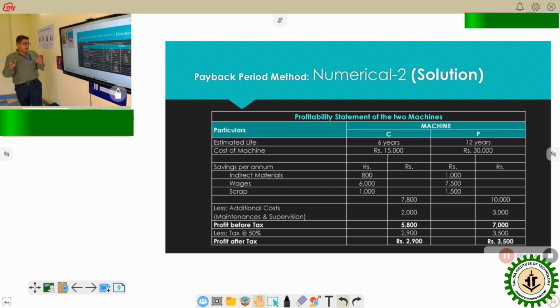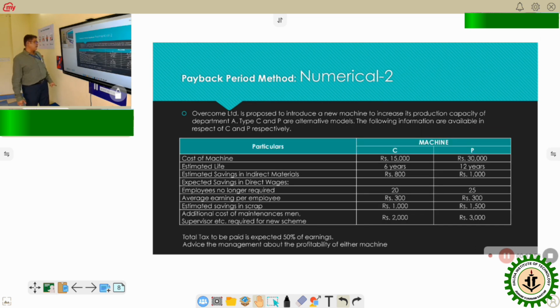Now, in order to calculate the average earnings per year, we need to deduct the costs. So what are the costs? Let us go through the previous data. Here only the additional cost of maintenance and supervisor is the cost part, and all the others are components of savings.